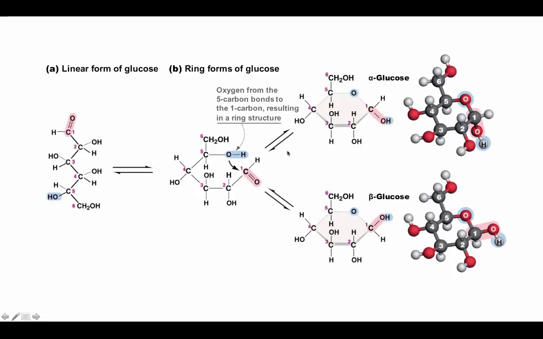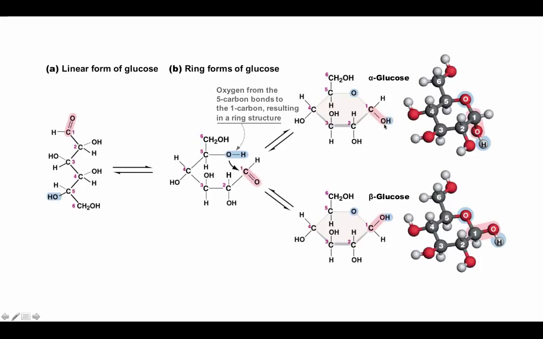So what we end up with here is an oxygen between the number 1 and the number 5 carbon, and then the number 1 carbon now has a hydrogen, and instead of a carbonyl group, it's got a hydroxyl group. So this is how these rings form. Same molecular formula, different properties, obviously, in a ring form than in a chain form. And these can be arranged in different configurations.